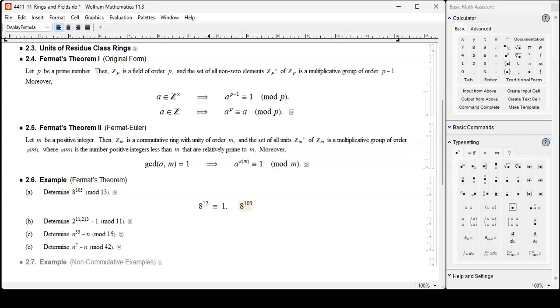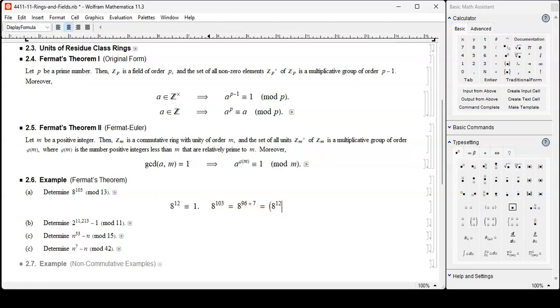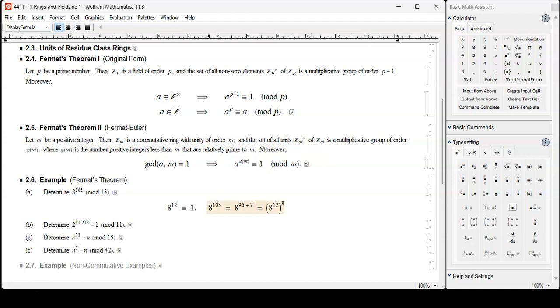So a to the 103 power is a to the 96 plus 7. 96 is a multiple of 12. That is a to the 12th power to the 8th power, isn't it?